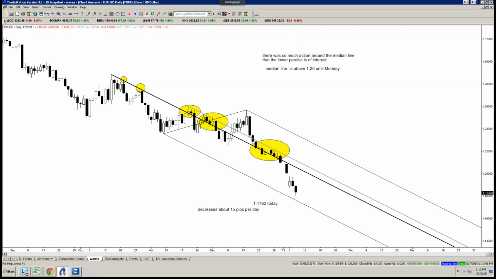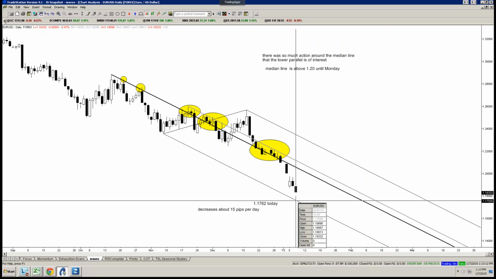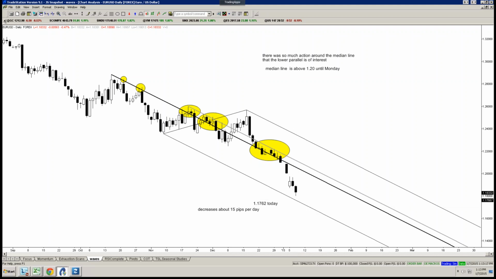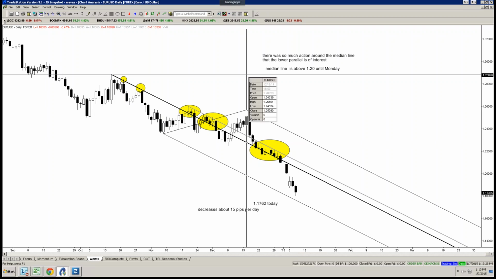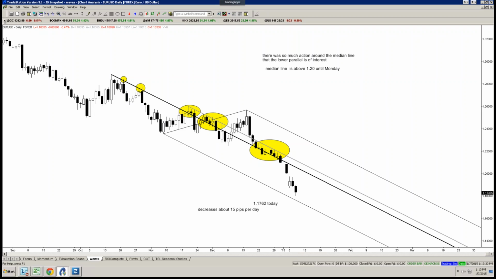And I want to show you what we're looking at here now on the short-term euro dollar. I've got some different stuff that I've put up that I'm following on a short-term basis for the euro. So the gray lines are what we've been following for some time, right?